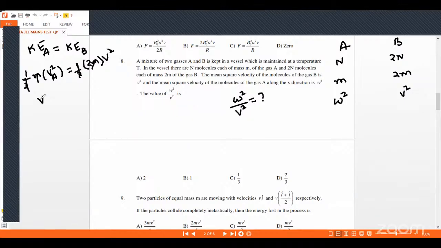VA square means particle A can move in 3 dimensions, along x-axis, y-axis and z-axis. So I can say it is 3 times W square equal to 2V square. So W square by V square is 2 by 3. See the option, that is D.